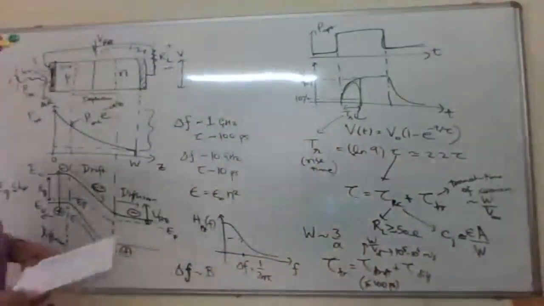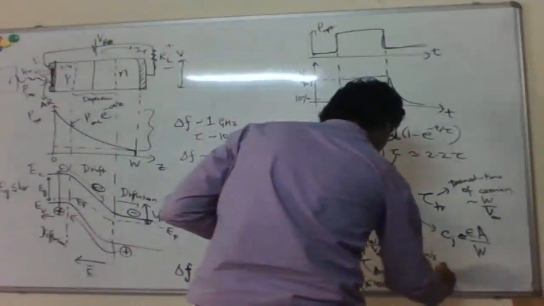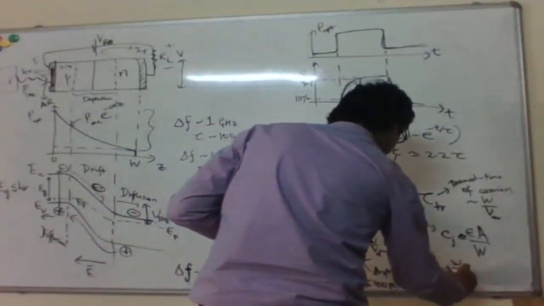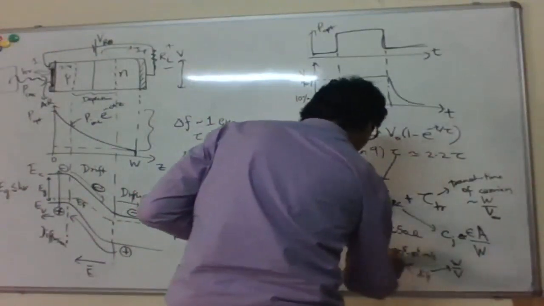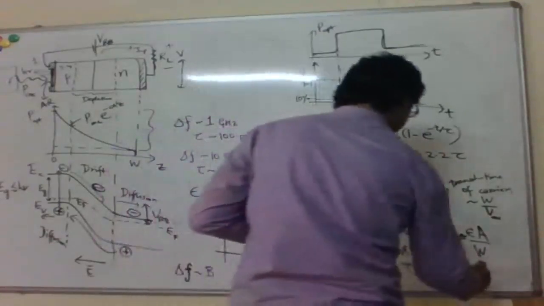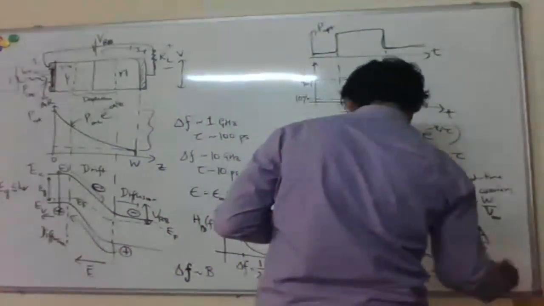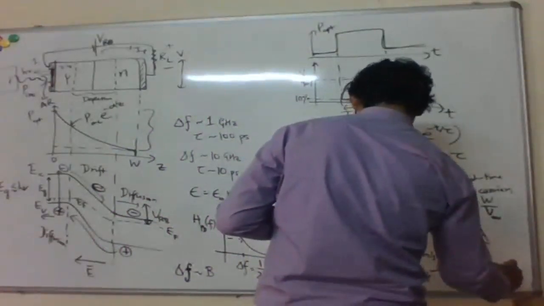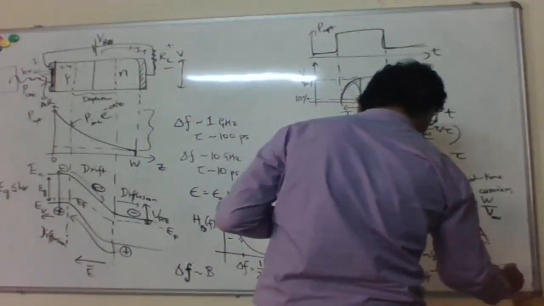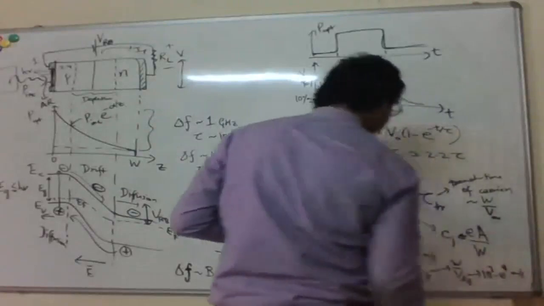Okay. Whereas diffusion, so maybe I should write tau drift here and tau diffusion. For diffusion the velocity is like 10 to the 3 to 10 to the 4 meter per second or something.